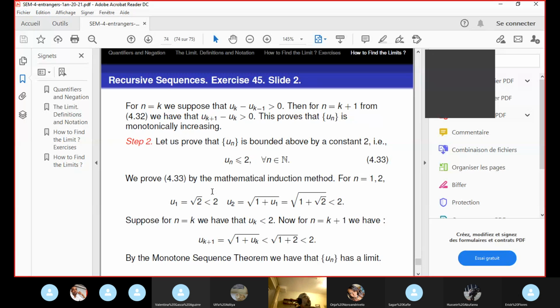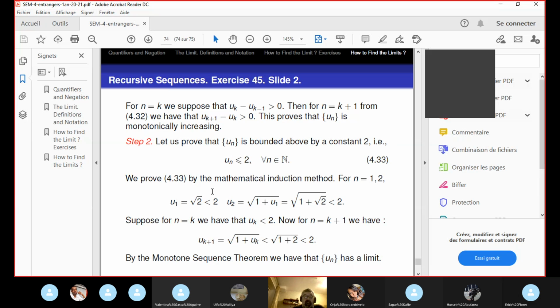So if I suppose for n equals k that u sub k is less than 2, then from the evident inequality, in the case n equals k plus 1, we have that u sub k plus 1, which by the definition of our sequence is the square root of 1 plus u sub k, is less than the square root of 1 plus 2, that is square root of 3, which is less than 2.